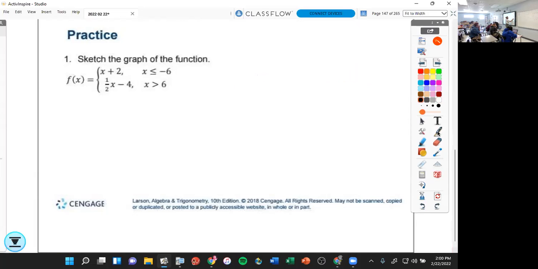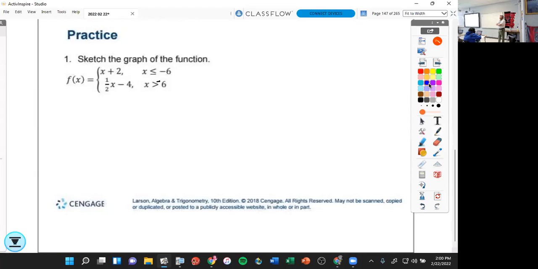Let me make it look more like your homework. Now what's the domain? Okay, that's very redundant. Someone say it shorter. All real numbers. Negative infinity to infinity. Right? -6 plugs into what?